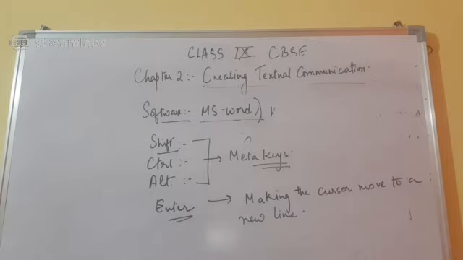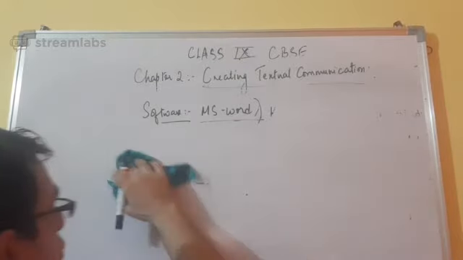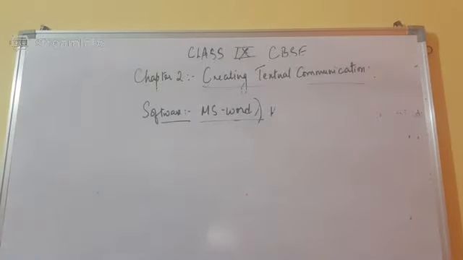So now before I move into Word, you will be finding that the understanding of the different kinds of keys makes things more clear. Now when we start typing, we want different kinds of headings to be there.